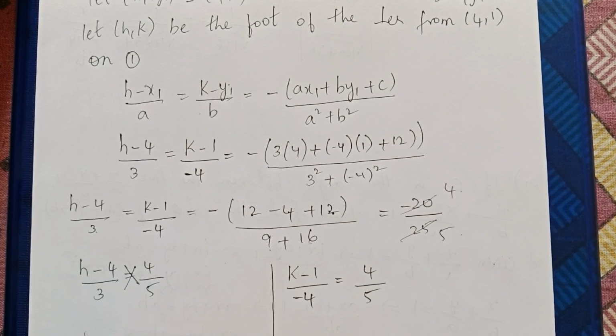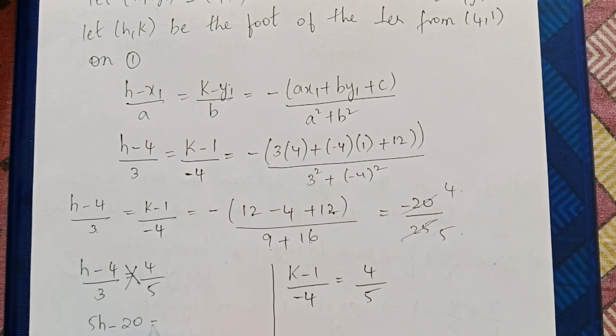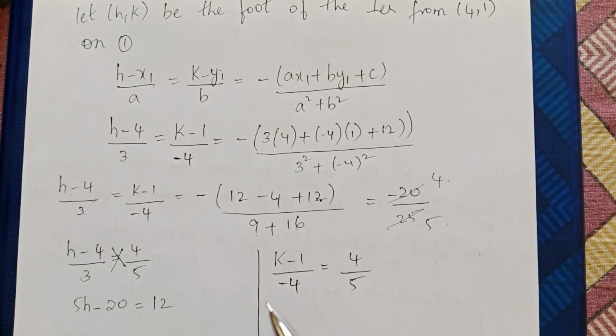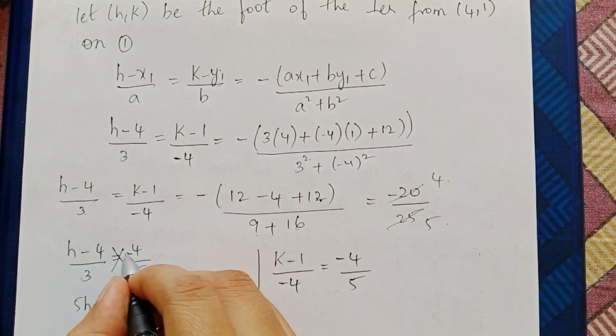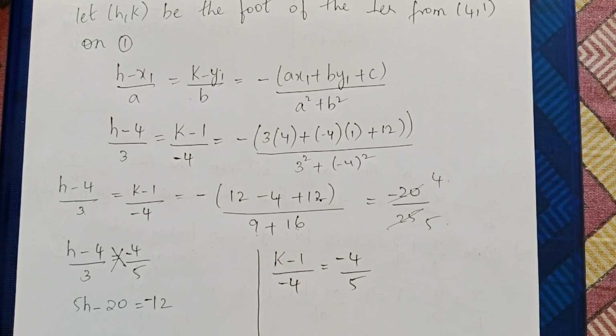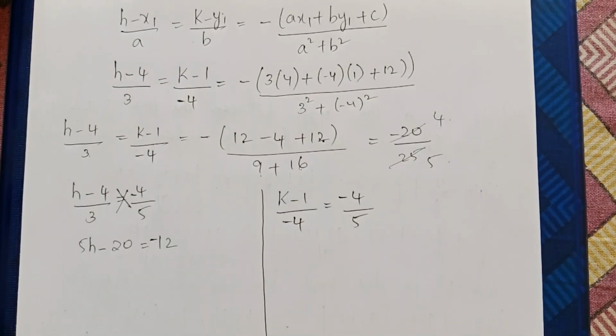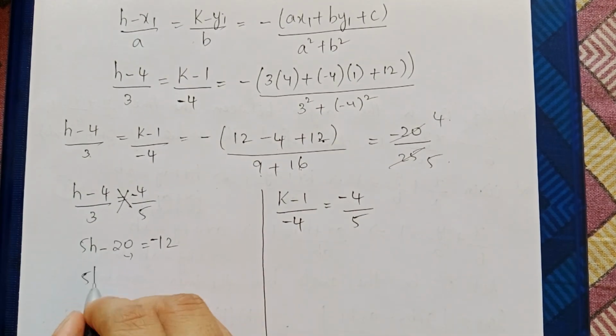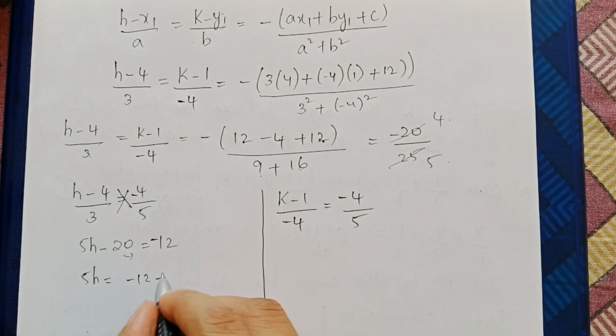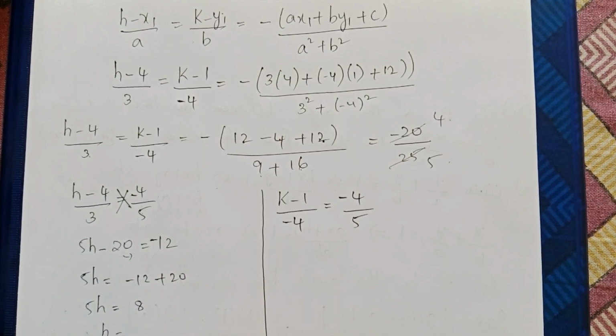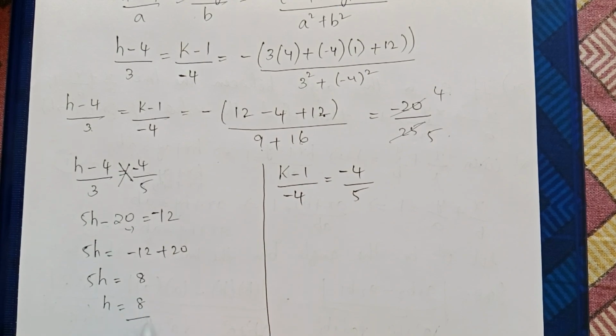Cross multiplying, it is 5 into h, 5h minus 5 fours are 20, is equal to 3 fours are 12. Here it is minus, right? So this will become minus 12. So 20 comes here, so 5h is equal to minus 12 plus 20. 5h is equal to 8, h is equal to 8 by 5.